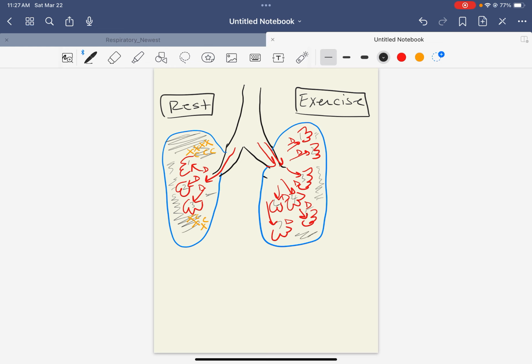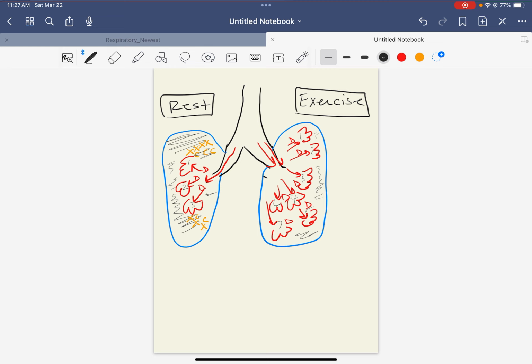I know that this might seem unnecessary for me to draw out, but the extent to which this happens is quite significant. At rest, we're only using a relatively small section of lungs. We don't want to waste energy, and we don't need as much gas exchange because we're at rest.